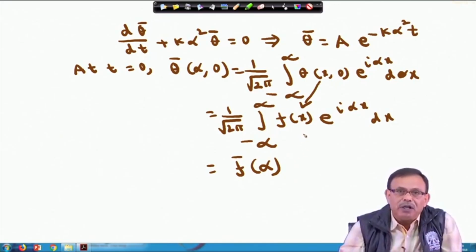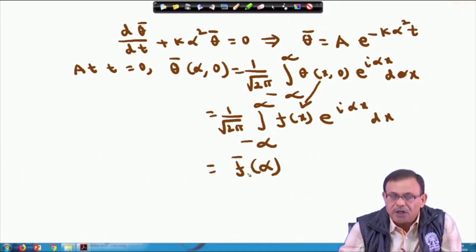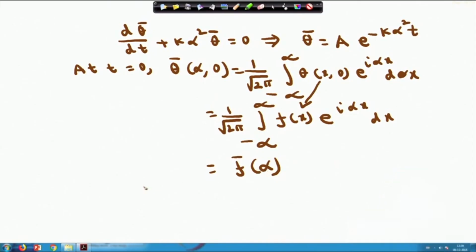So, ultimately theta bar alpha 0 equals f bar alpha. If f x is known to me, then I can calculate f bar alpha also. Using this in the equation, I will obtain my A as f bar alpha.